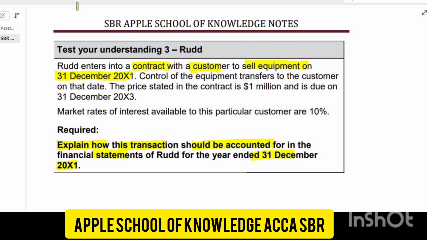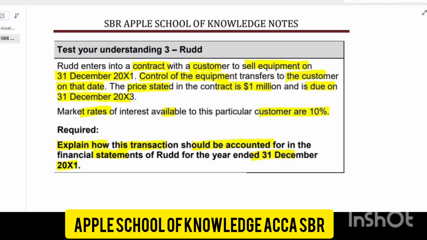The year end is also 31st December, and control of the equipment is transferred to the customer on that day. The price stated in the contract is 1 million and is due on 31st December 2003. The market rate of interest available to this particular customer is this one.